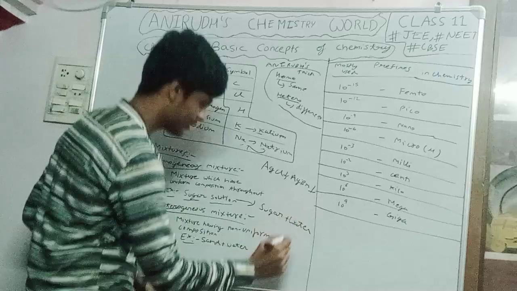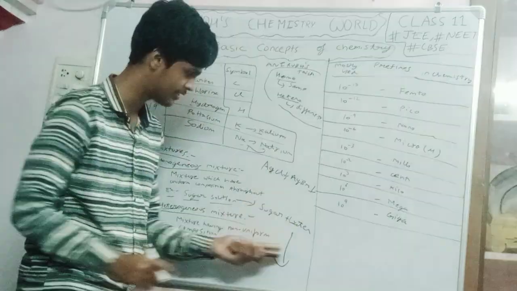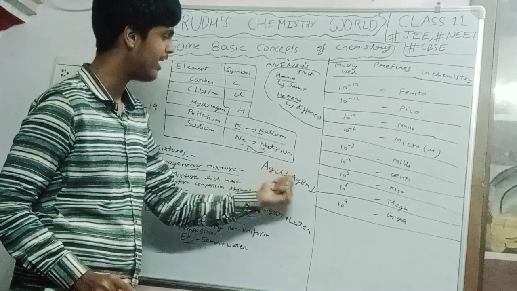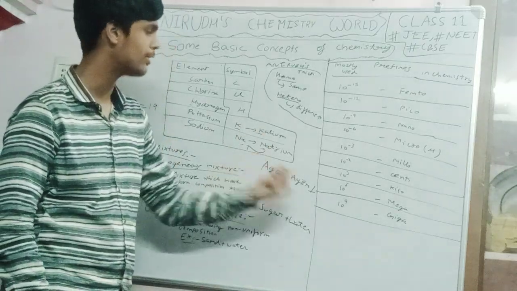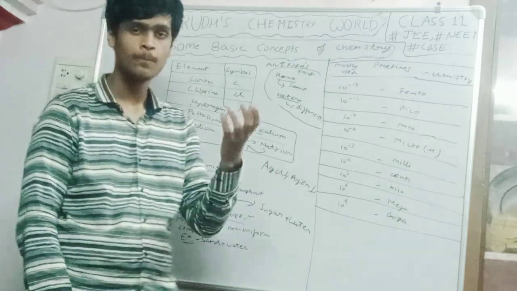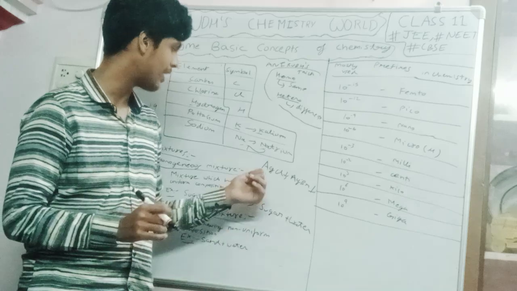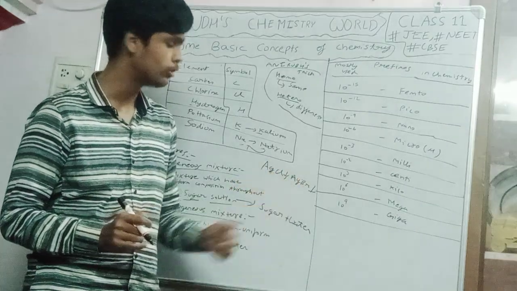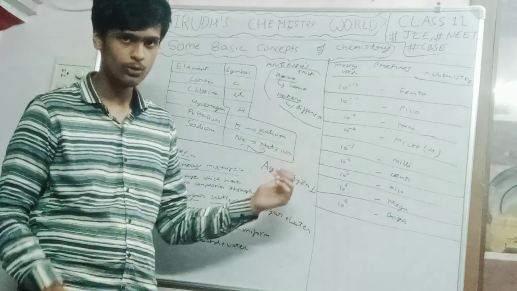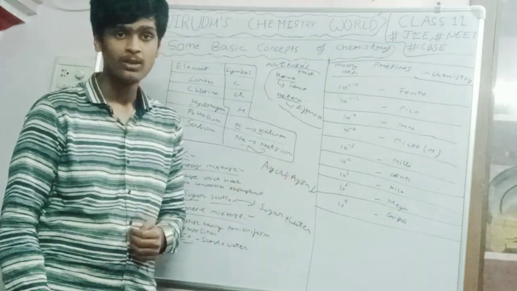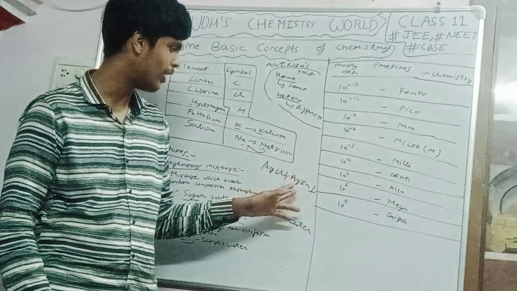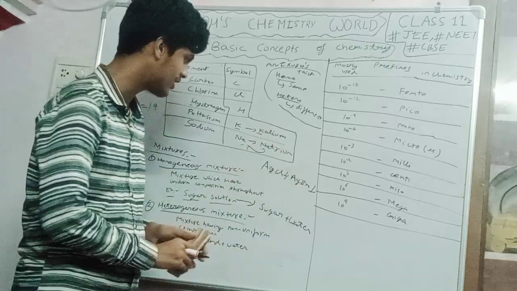AgCl and AgBr, that is silver chloride and silver bromide, are precipitates. You cannot obtain these directly; you see them in double decomposition reactions. If you want the correct reaction also I will give.